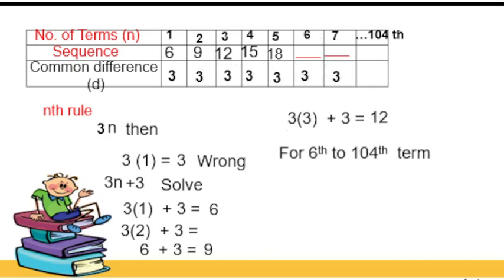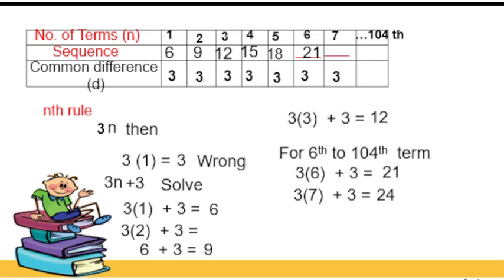Okay, so this time let's find the 6th term to the 104th term. So that is 3 times 6 plus 3 is equal to 21. 3 times 6 is 18 plus 3 is 21. And for the 7th term, that is 3 times 7 is 21 plus 3 is 24.